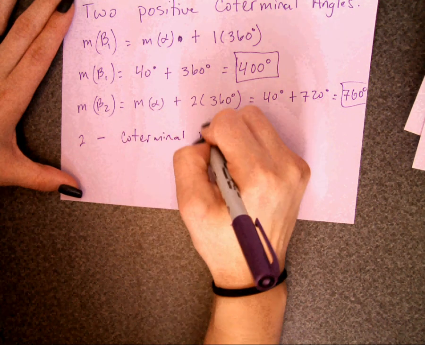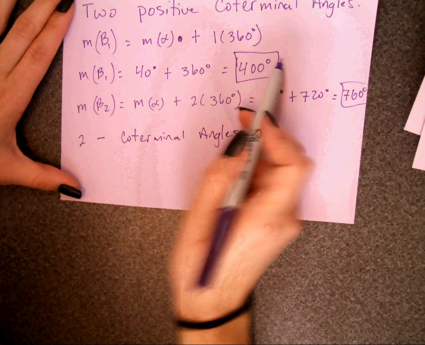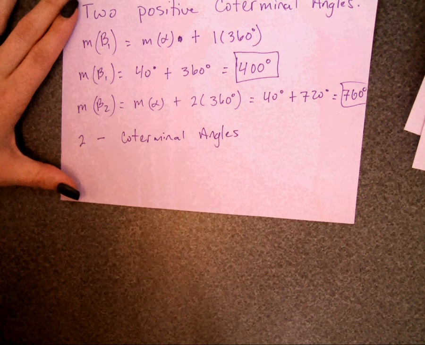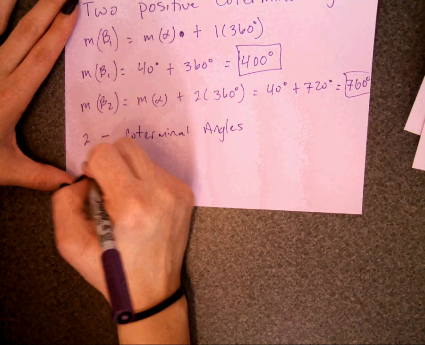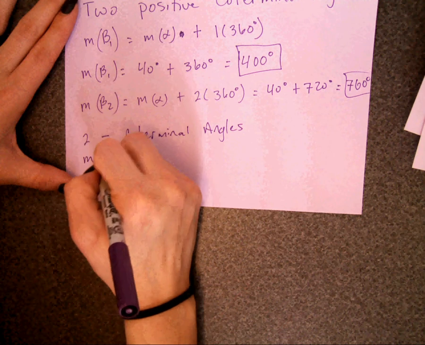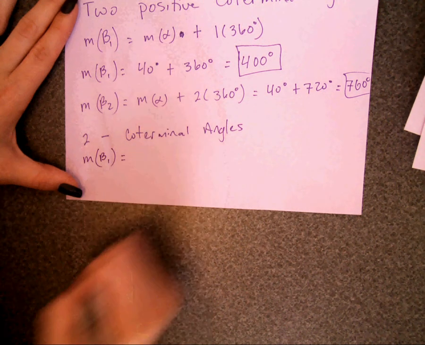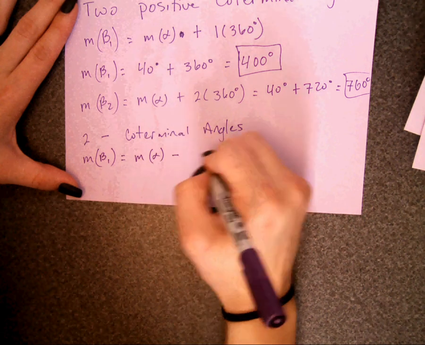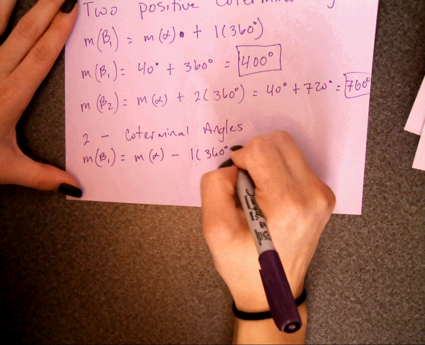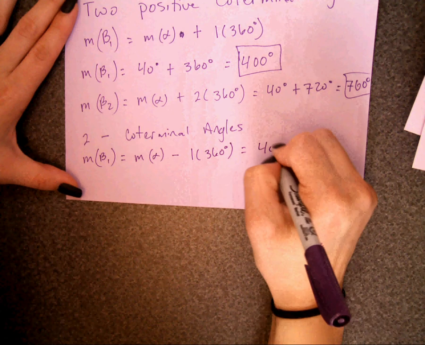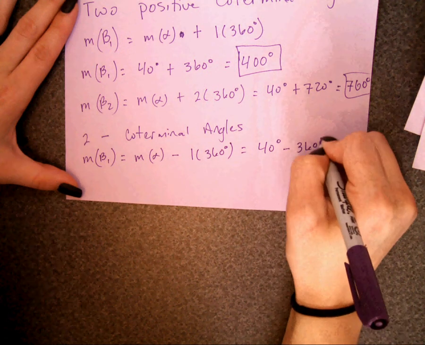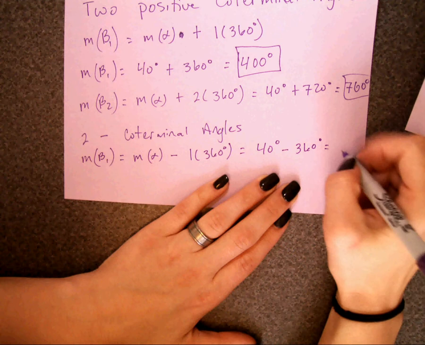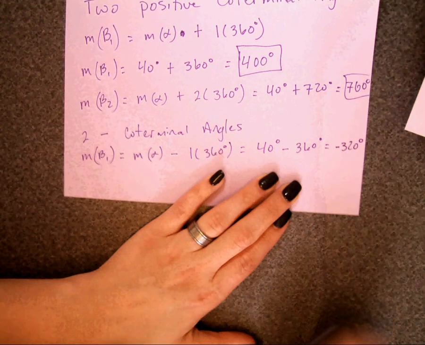Same exact thing, but I'm going to subtract k times 360 now. So let's say my first, I'll take the measure of angle alpha minus 1 times 360 degrees. So I get 40 degrees minus 360 degrees, which gives me negative 320 degrees.